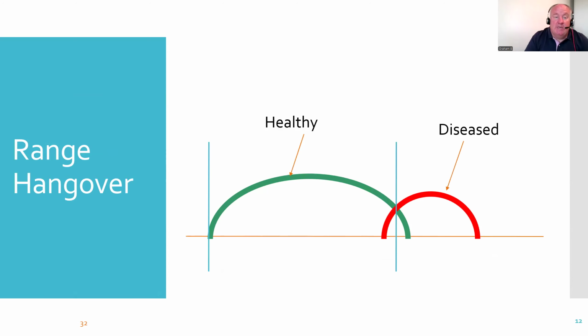Okay, in the other snippet that I did, we spoke about this idea of a range hangover. So just to summarize that, every single blood test has this problem. The reference range we use in practice does not reflect health. So this green line on the screen represents people with healthy B12.